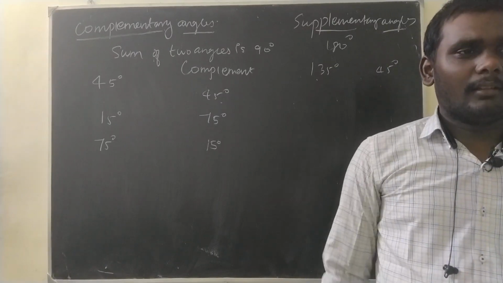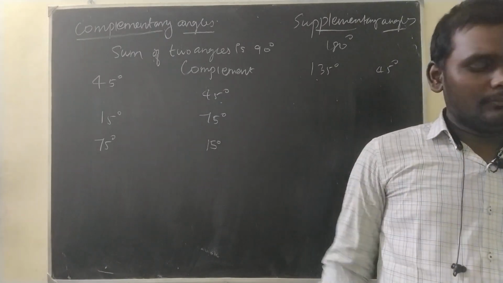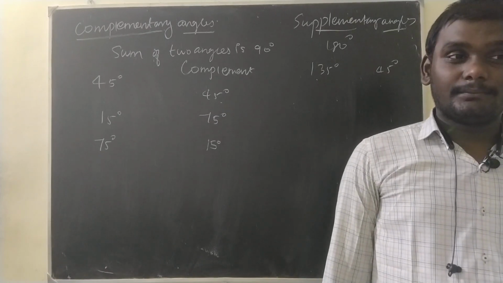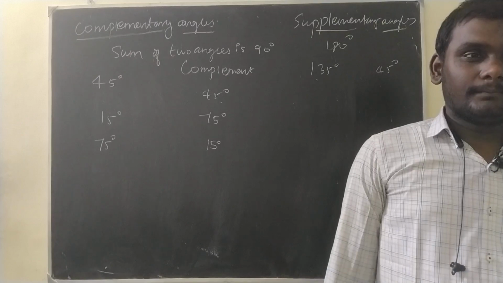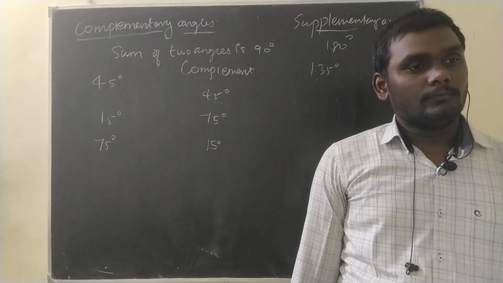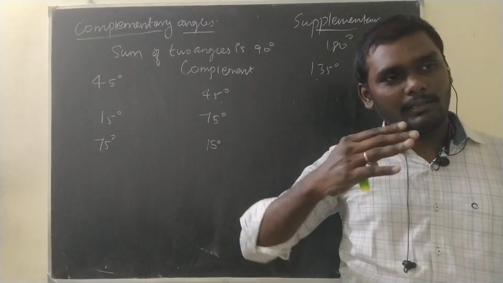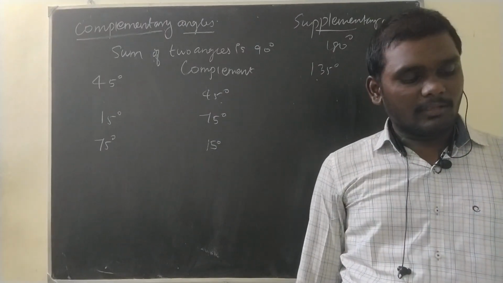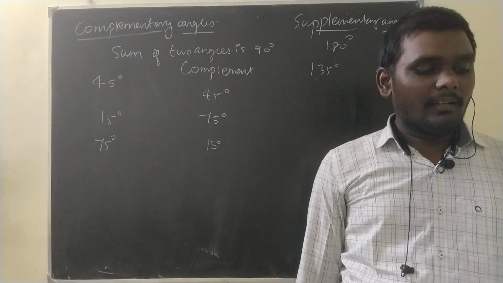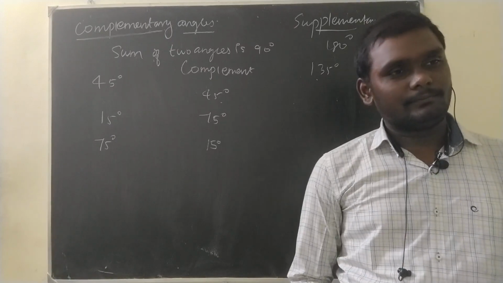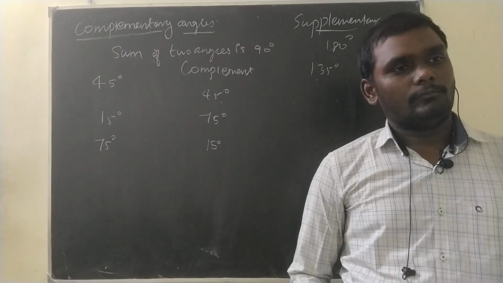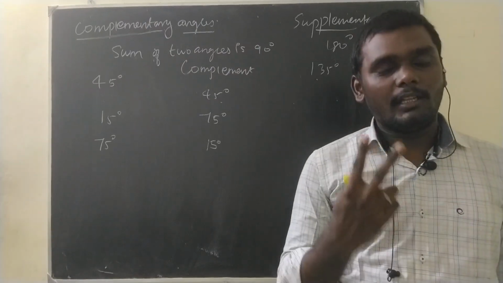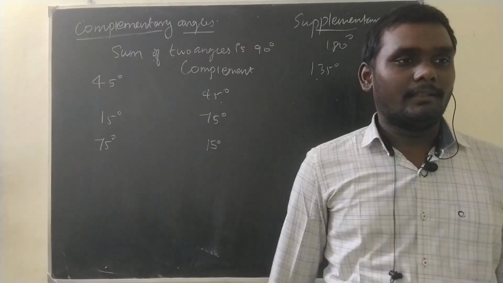Yes, both are less than 90 only. Can two obtuse angles be complementary to each other? No, because that itself says it's more than 90, so it will not come under 90. Can two right angles be complementary to each other? No. So we can conclude only two acute angles can be complementary to each other.